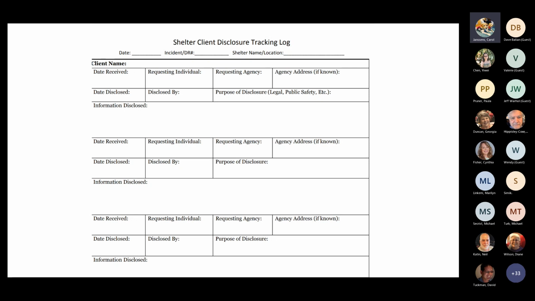It's only used in extreme situations, because we're usually not going to share any client information with anybody without getting the client's permission. I have not come across a case, but there could be a case where we need to break their confidentiality and share information without the client's approval.